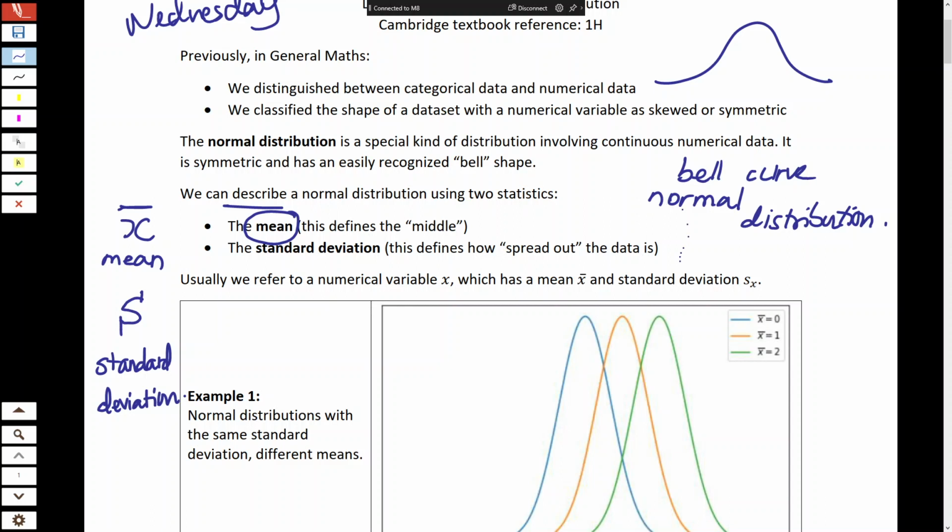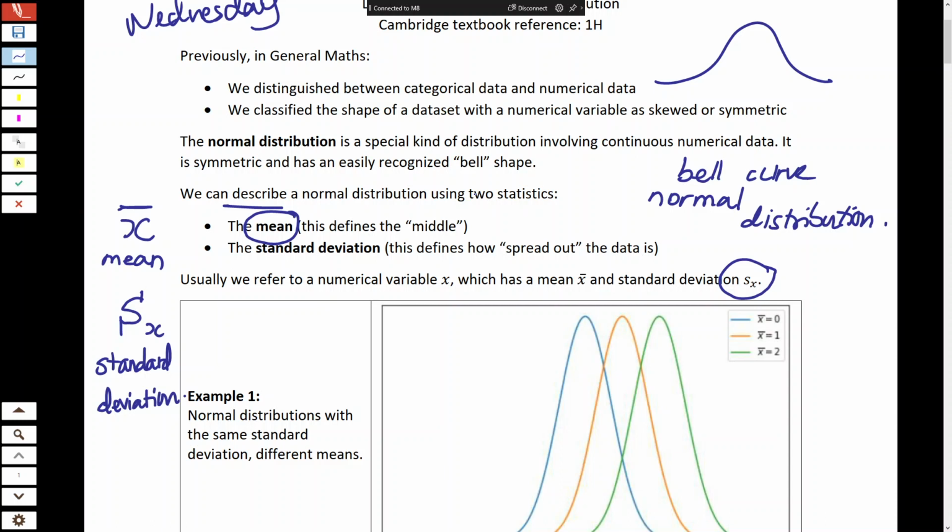Now, you'll see here, I've actually written the letter X to the bottom right. The reason is because later in the course, we'll have two numerical variables. We'll have X and we'll have Y, and we will want to distinguish between whether we're talking about the standard deviation of X or the standard deviation of Y. So if I just use the letter S, it's a bit ambiguous.